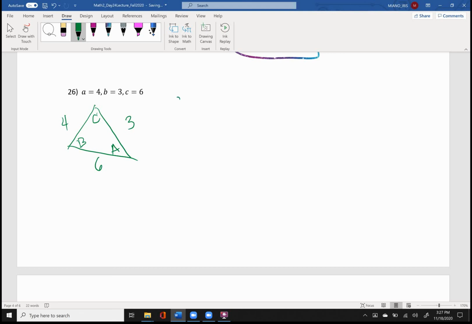We first need to calculate that S value. Now, why do we do that? Because what we're given is the 3 side lengths. So whenever that's the case, you got to calculate that S, which is again 1/2 times the sum of the 3 sides, which is 1/2 times 4 plus 3 plus 6, which is half of 13. Which is what, 13 halves, or 6.5, is that what I put?